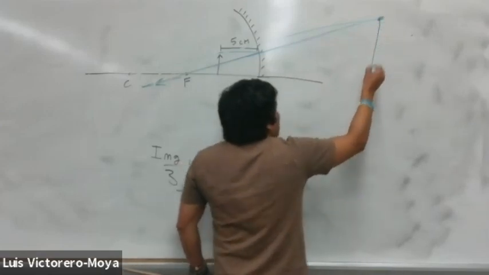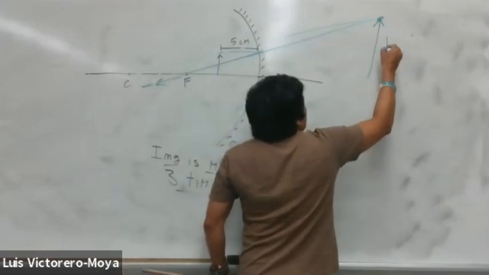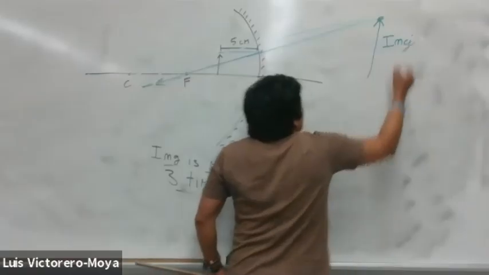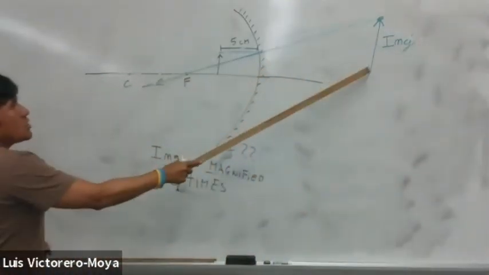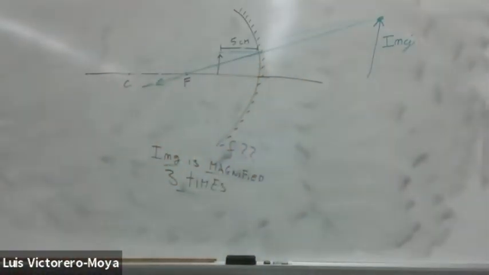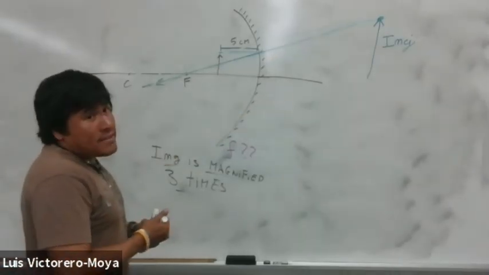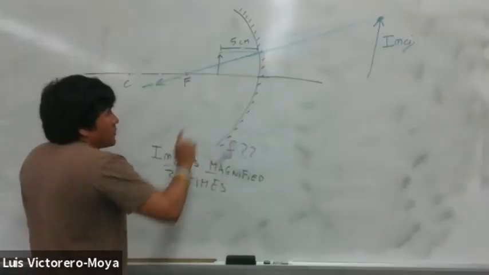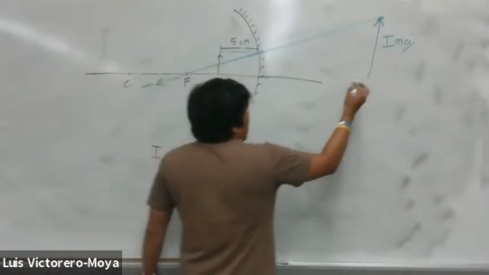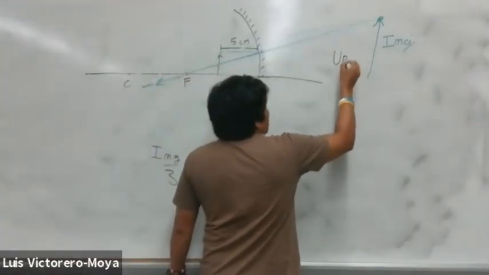So you have an image here. That image is virtual because it's behind the mirror. Don't get confused with lenses, all right? That's the difference. So now the image is virtual and upright, obviously.